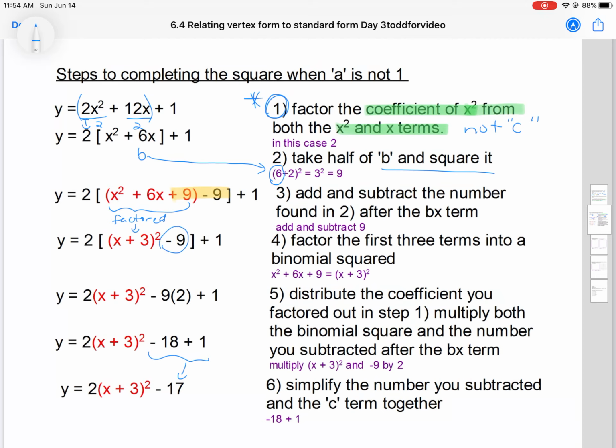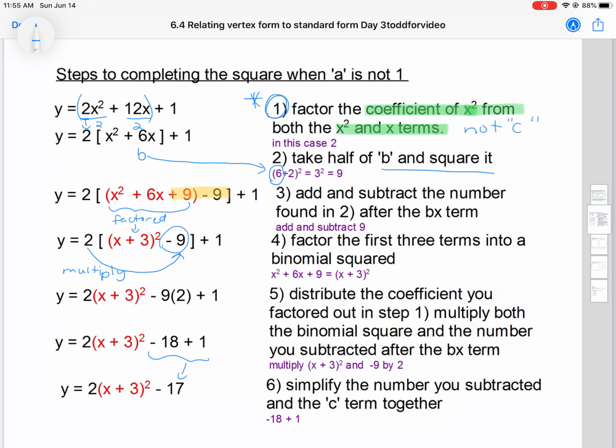And unfortunately, when you have that, if you'll notice these square brackets, that means that this 2 applies to the (x plus 3) squared term, but it also applies to the 9. So you actually have to multiply whatever the common factor was that you used by the subtracted half b squared value.